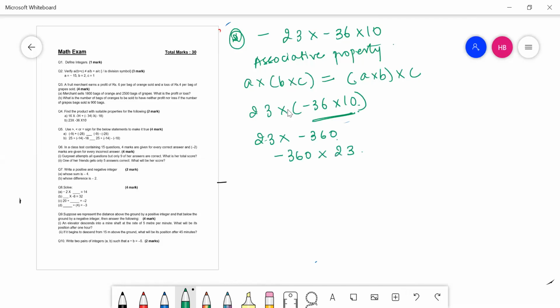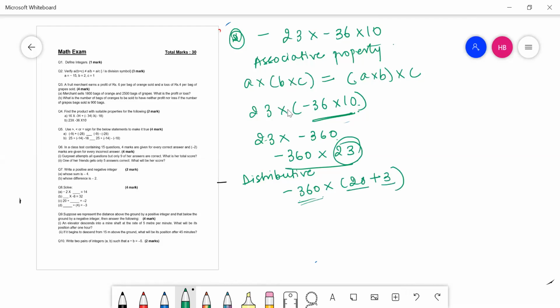Now, if you want, you can again apply the distributive property in this question. Why distributive property? You can break 23 into 20 plus 3. So it will be 360 into 20 plus 3. Why have I done that? Because it is easier for me to multiply any number with 20 and any number with 3, right?